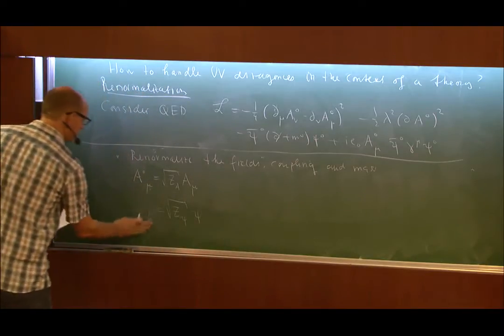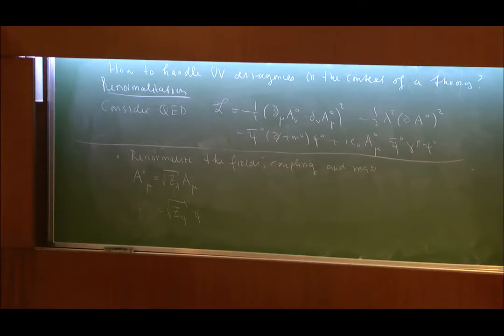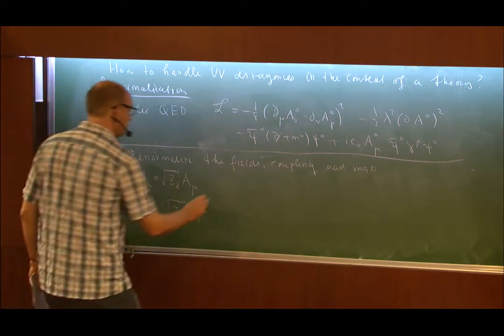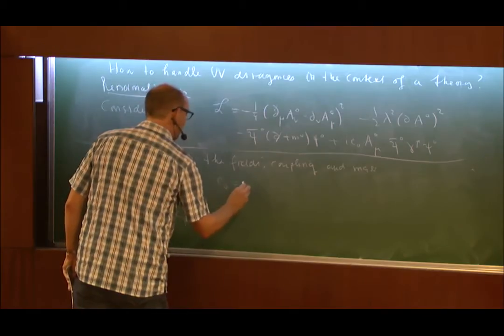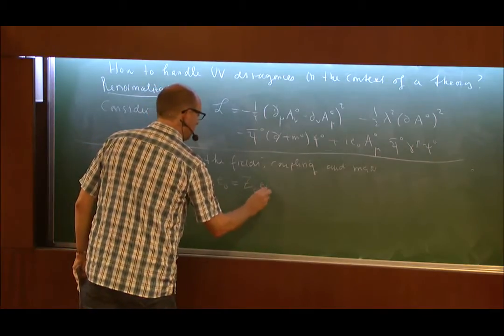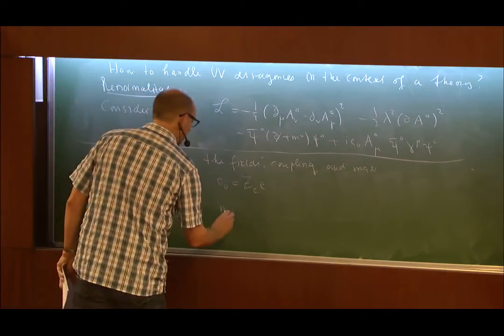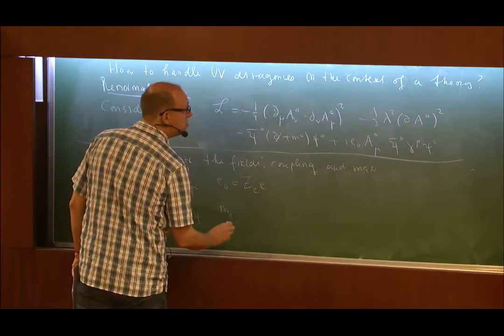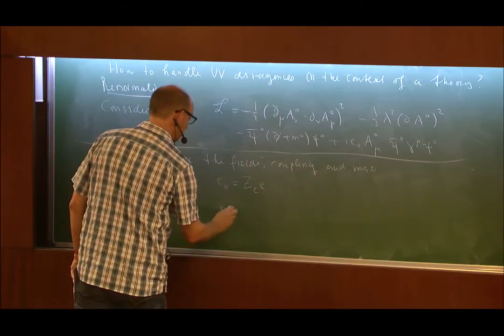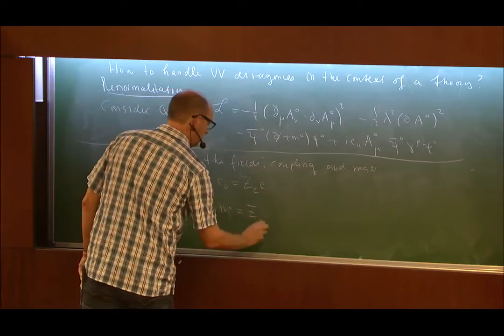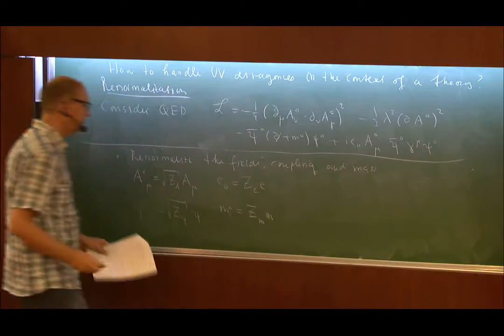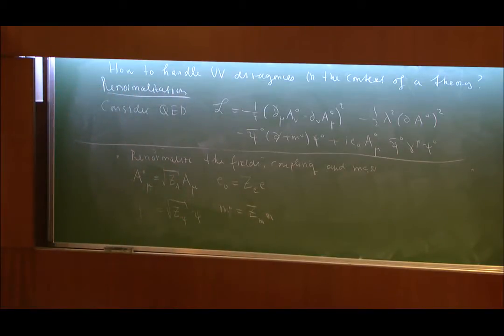For the electric charge, E0, I write ZE, no square root now. And for M0 it is ZM times M.